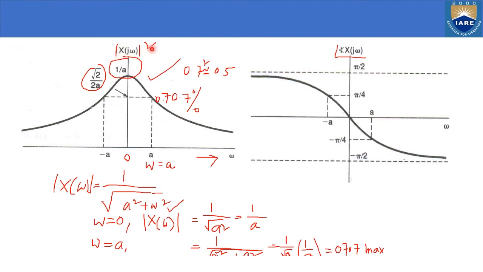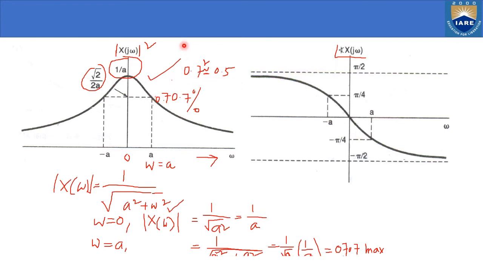Capital X squared is called the power spectrum or energy spectrum. In our case, it is the energy spectrum because I have not introduced the Fourier transform of periodic signals so far. Whatever we have discussed so far is about energy signals. So you can take it as energy, so 50% of the peak energy. That is the point here.